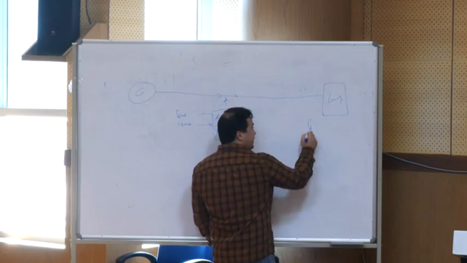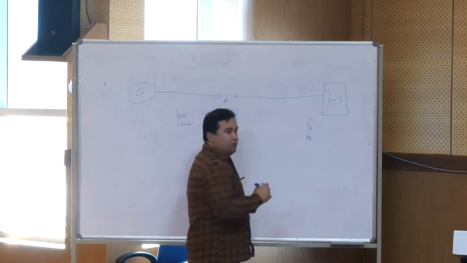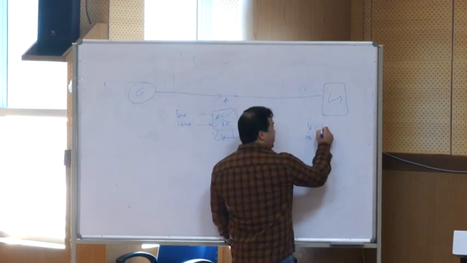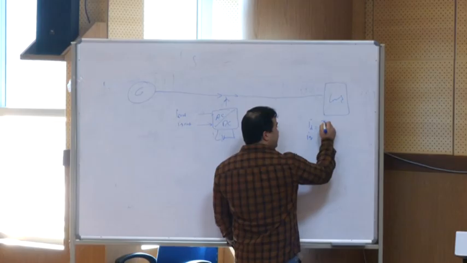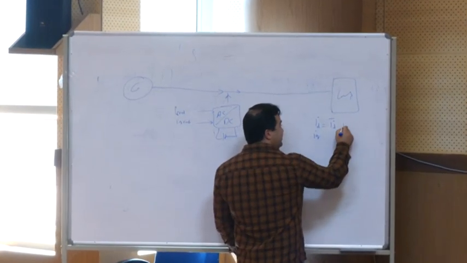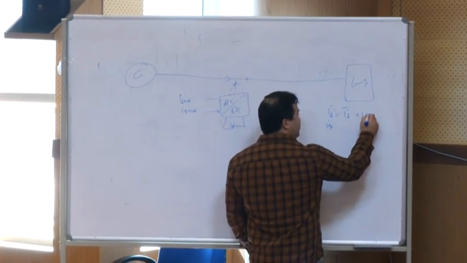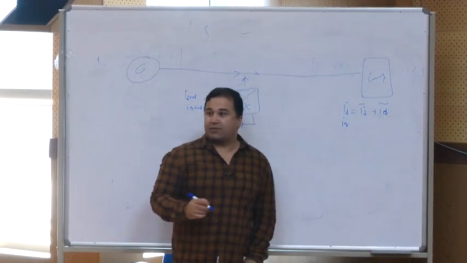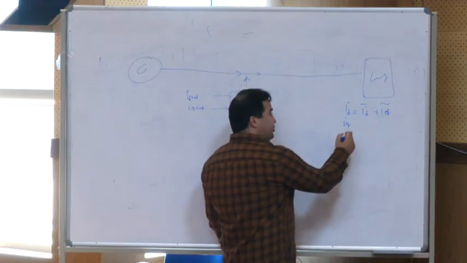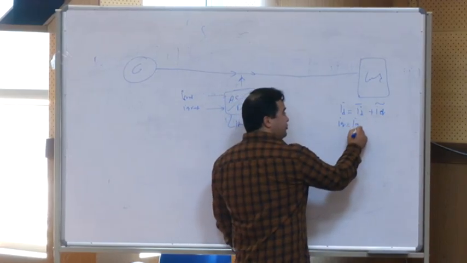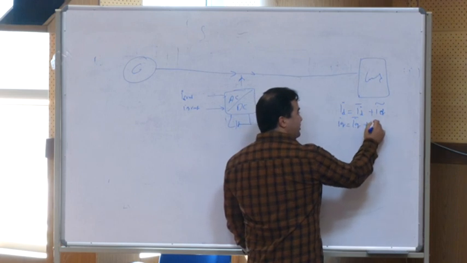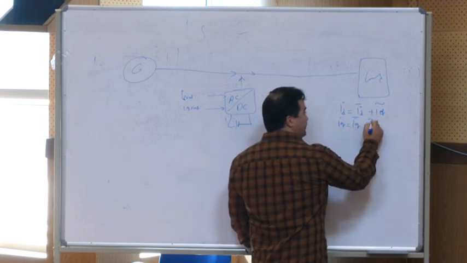so it's ID and IQ, okay? So then ID can be split to ID fundamental frequency plus ID harmonic frequency. And for IQ, DC or fundamental frequency, IQ harmonic frequency.